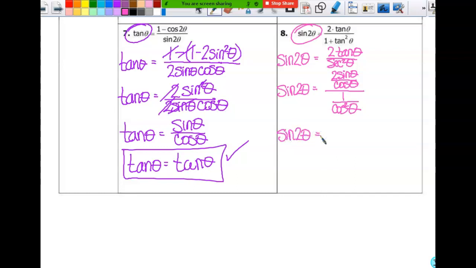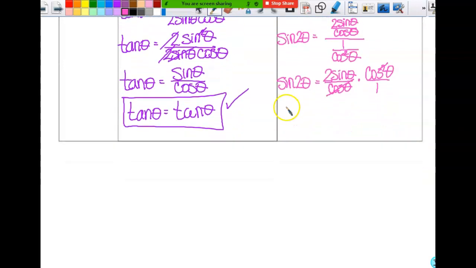So then fraction and a fraction, this will give me 2 sine theta over cosine theta times the reciprocal of the denominator, so that's cosine squared theta over 1. This cosine cancels with one of those. So that gives me sine 2 theta equals 2 sine theta cosine theta.